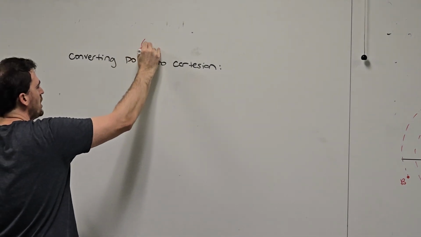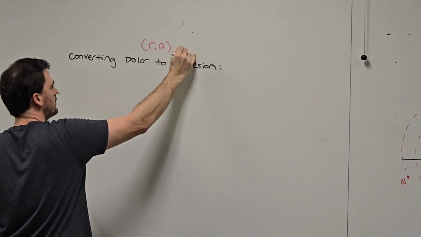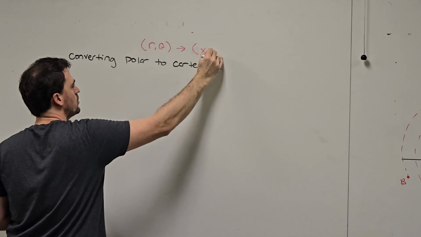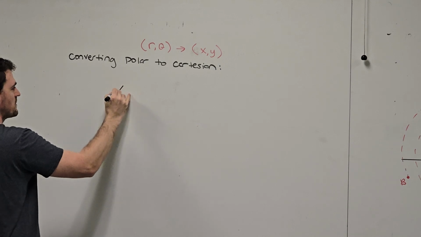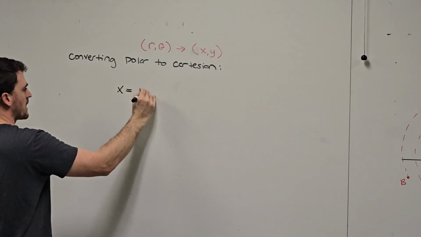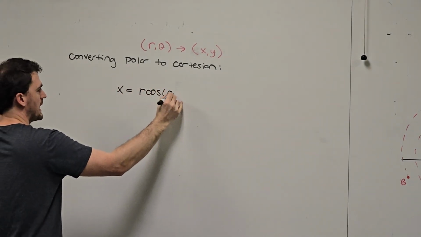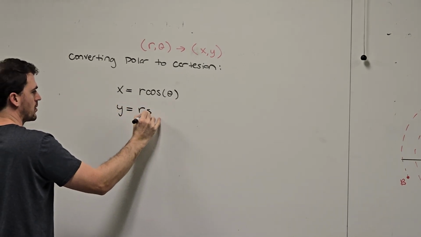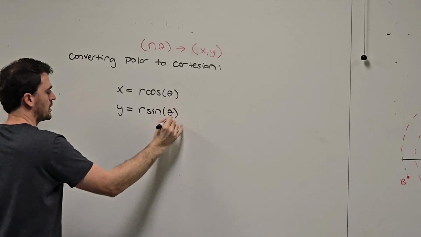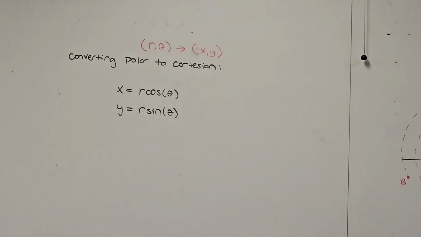So we're going from (r, θ) to traditional (x, y). This is just something that goes in our toolbox: x is equal to r cosine θ, y is equal to r sine θ.